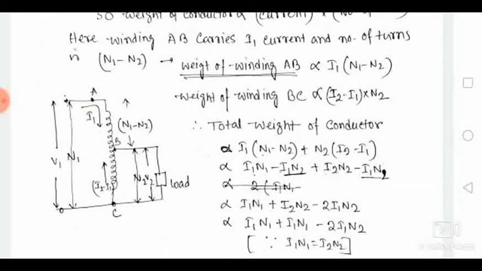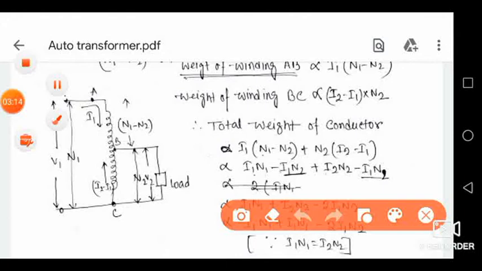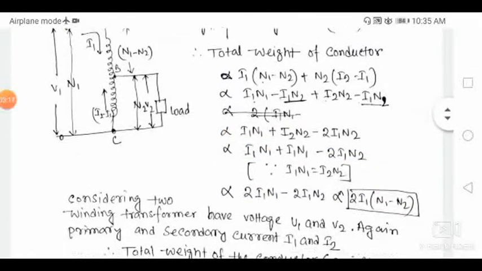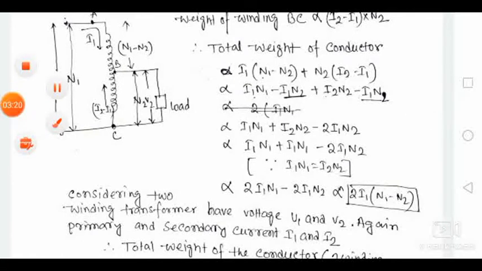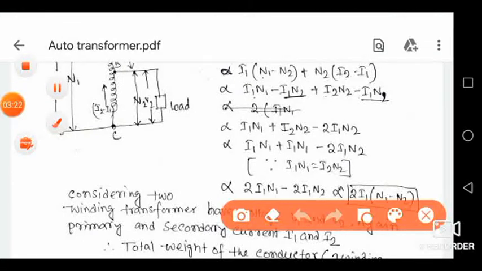In place of I2 N2, we put I1 N1 here, so that the equation is equal to 2 I1 N1 minus 2 I1 N2, that is proportional to 2 into I1 into N1 minus N2.